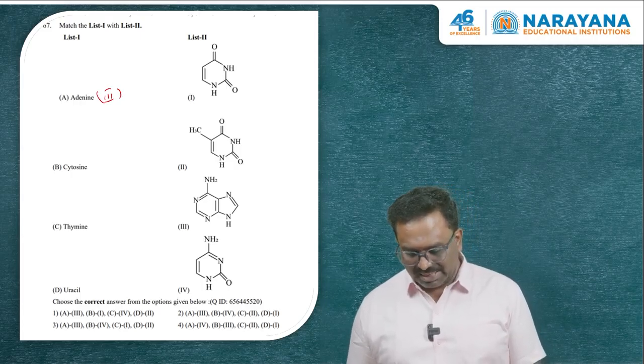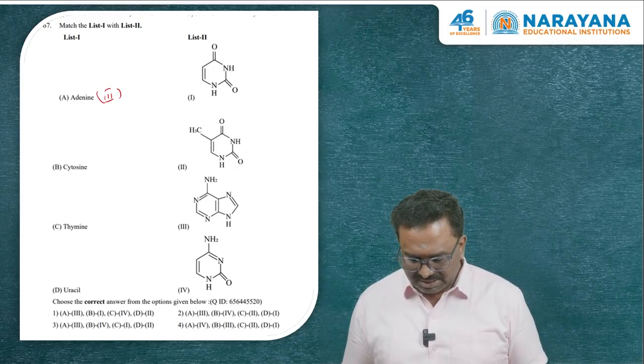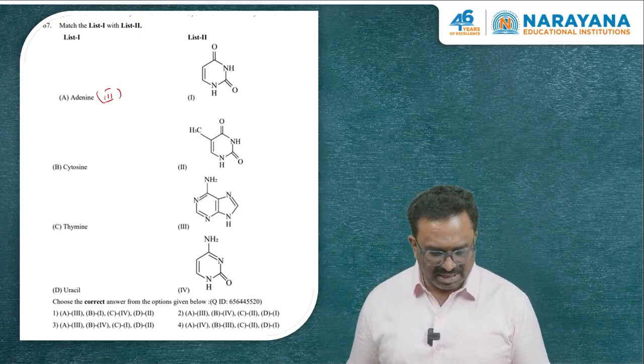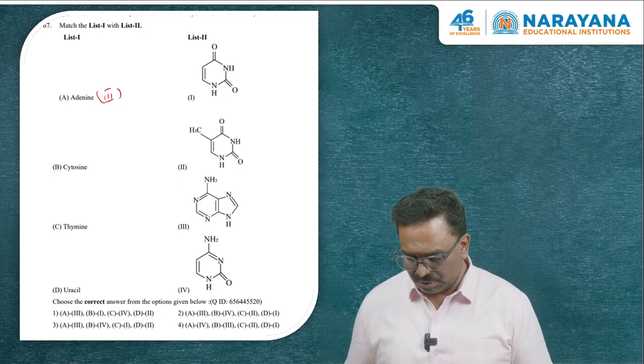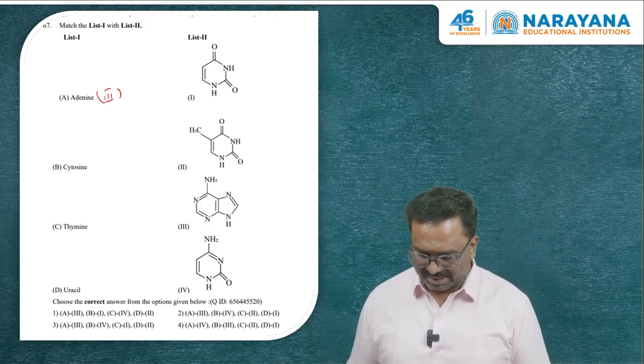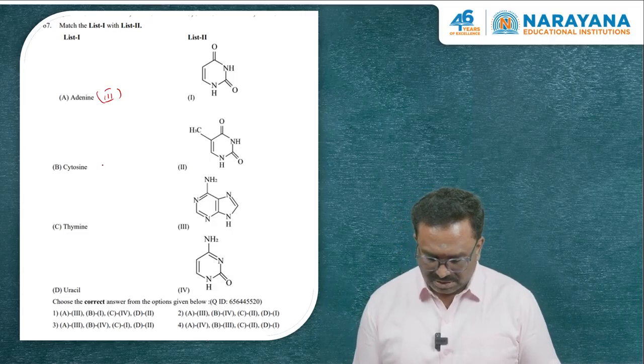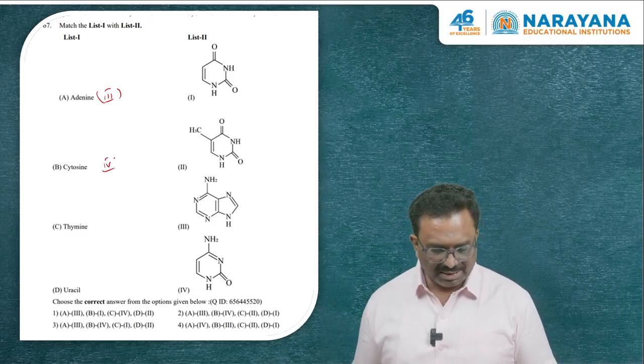Now another is cytosine. Cytosine structure differs from thymine and uracil. An NH2 group is present in cytosine. So this is 4.